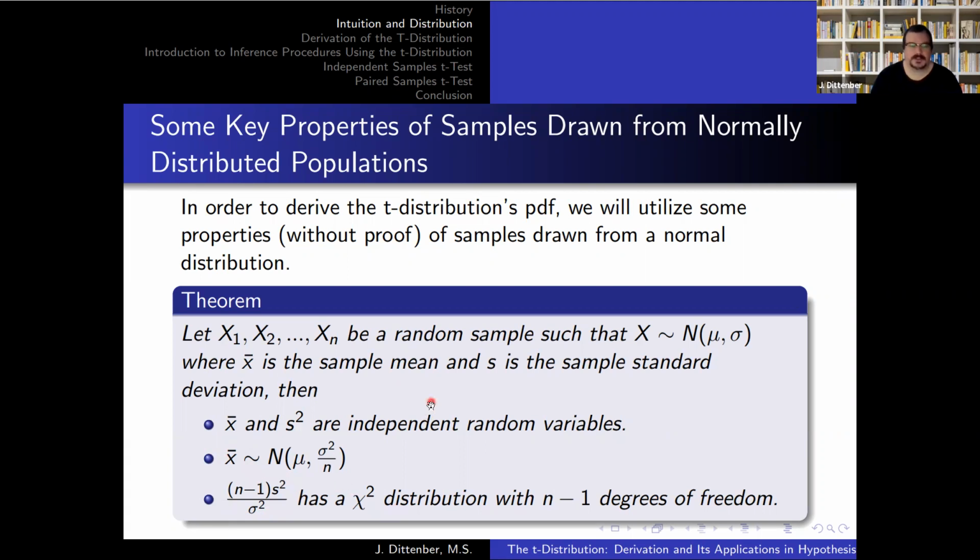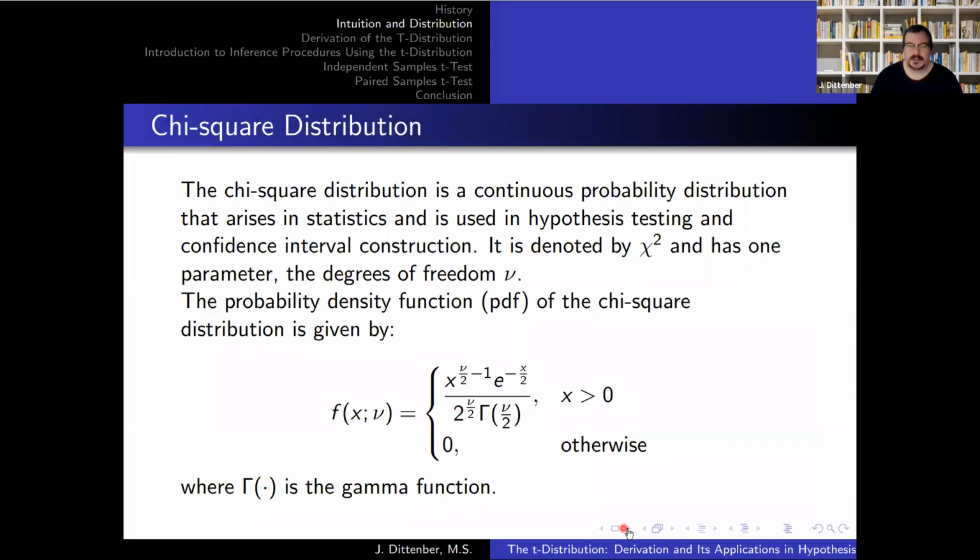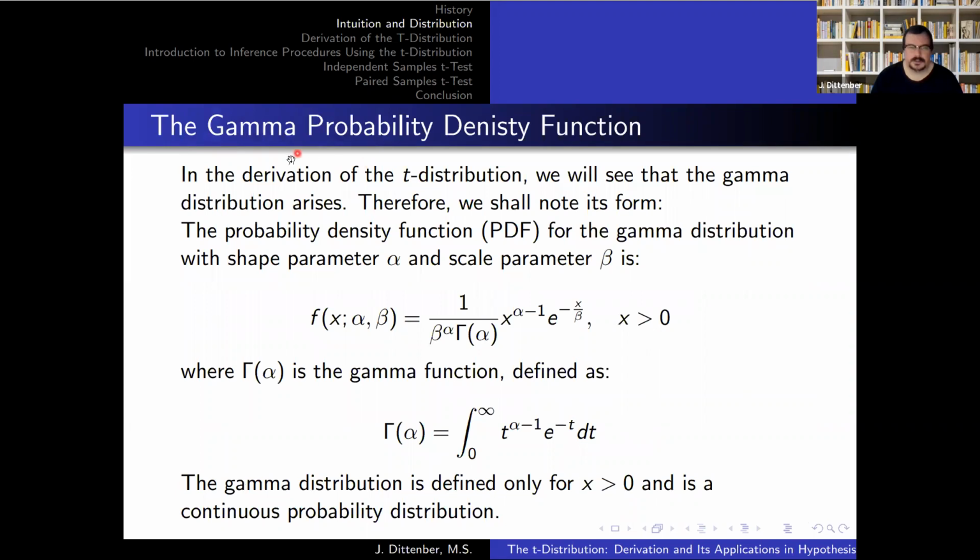In fact, we'll also use the fact that the z-score has a normal distribution. We're going to use the chi-squared distribution because one of the terms we create will have a chi-square distribution. We're also going to use the kernel of the gamma probability density function because at the end of our derivation, we'll see this form appear in our expression.